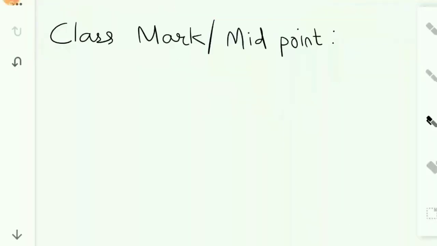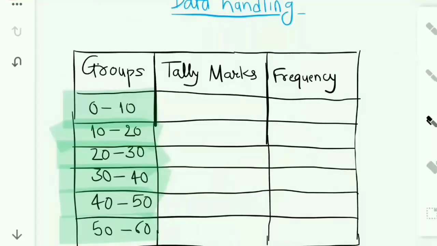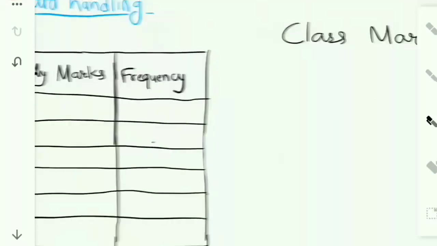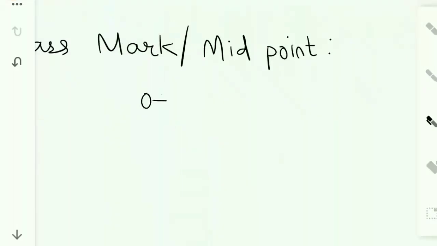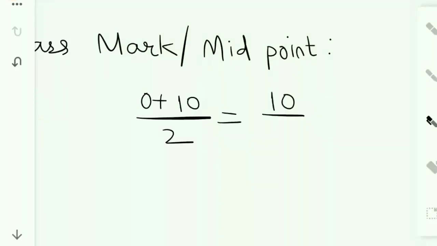Next is class mark or midpoint. Now it's not class marks, it's class mark. This is the mean of upper limit and lower limit. Now here we have 0 and 10. So 0 plus 10 divided by 2 equal to 10 divided by 2 equal to 5.